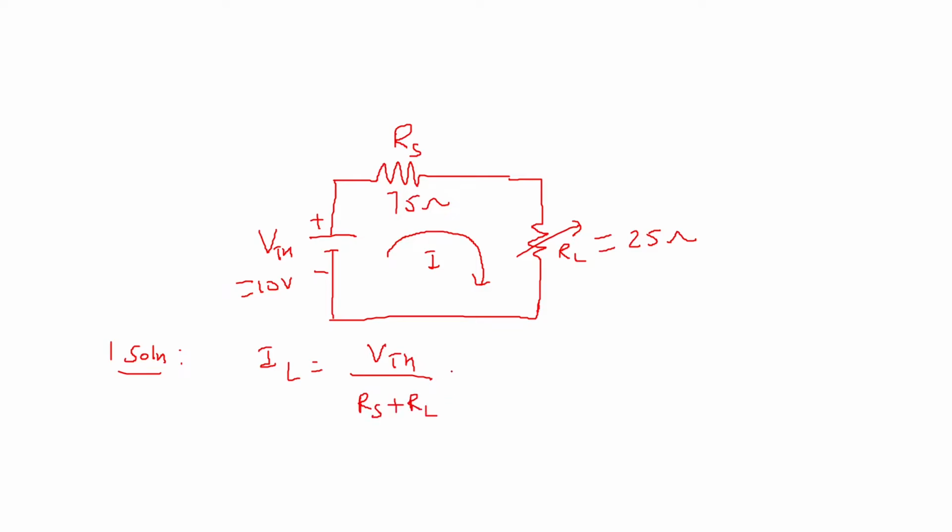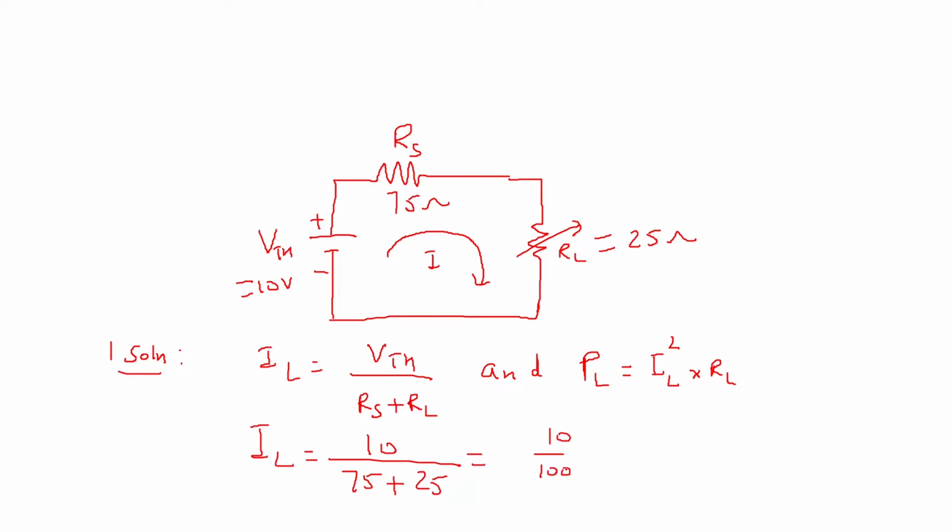Then PL, the load power, will be given as IL square into RL. Taking RL as 25 ohms, IL is equal to VTH, 10 volts, upon RS 75 ohms plus RL 25 ohms. This is nothing but 10 upon 100, which is 0.1 ampere.